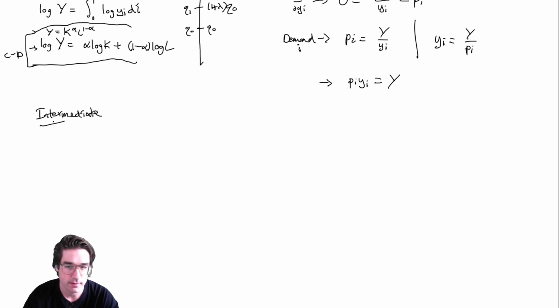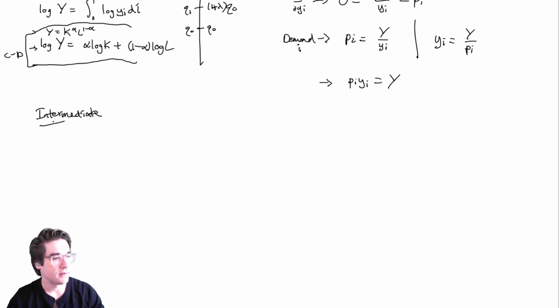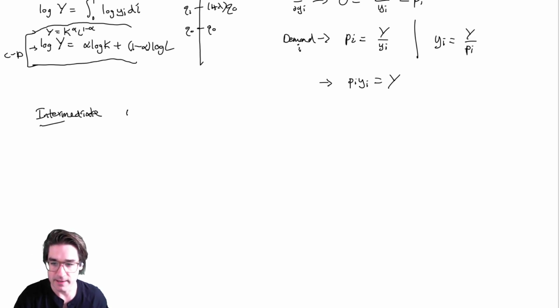So remember, let's lay out, Jacob, you had a question, a comment. Yep, little y. Okay, so their production technology is yi equals qi times li.